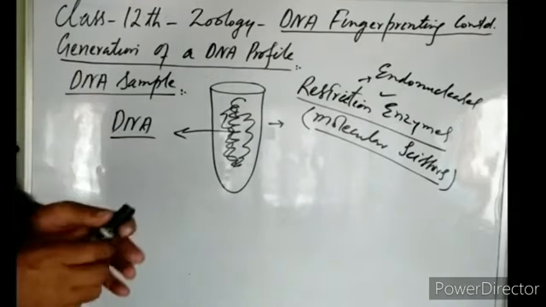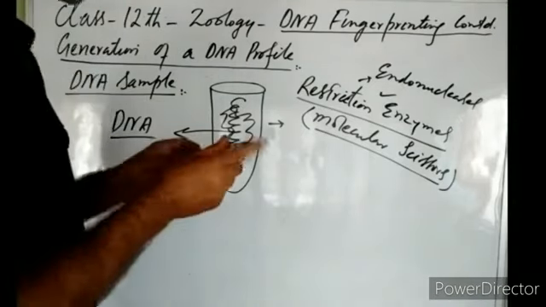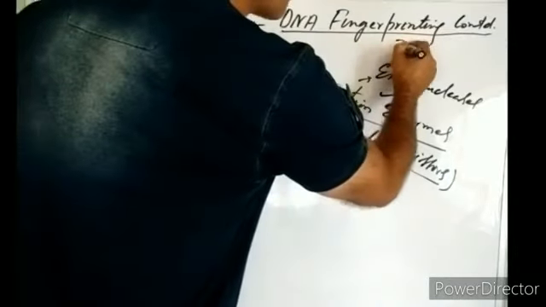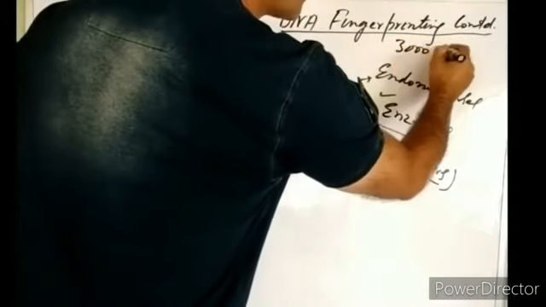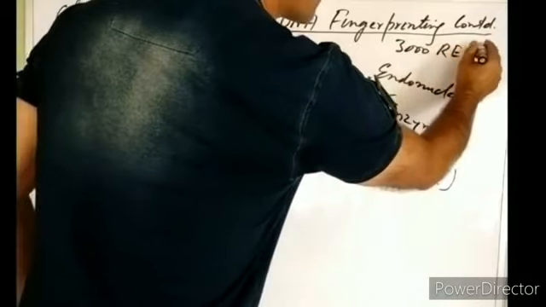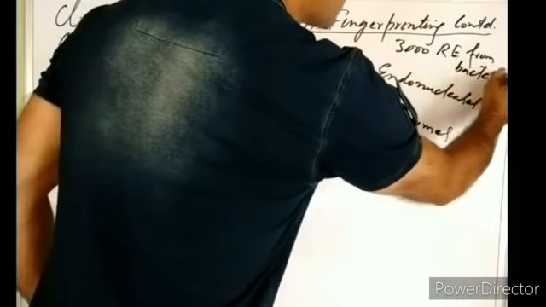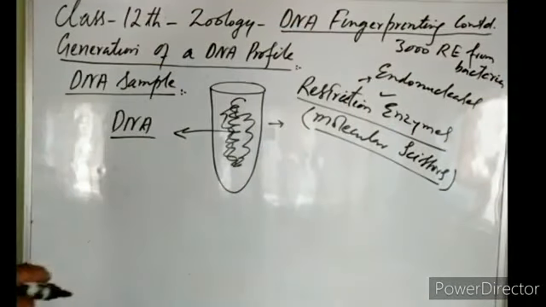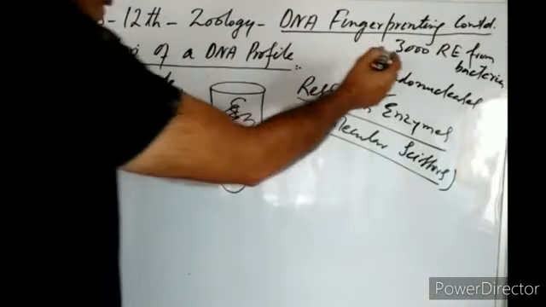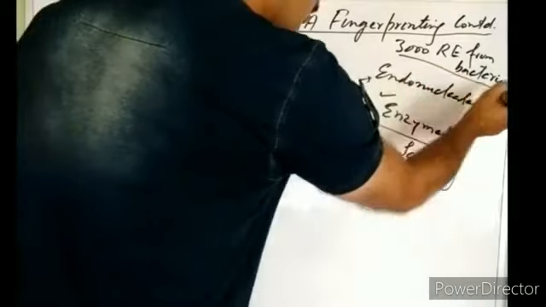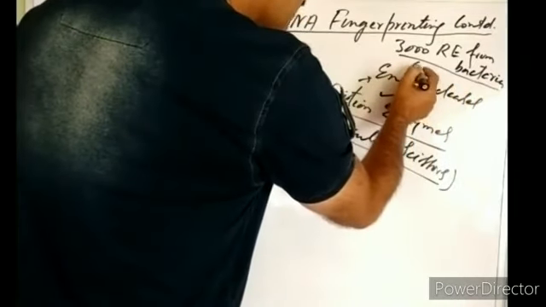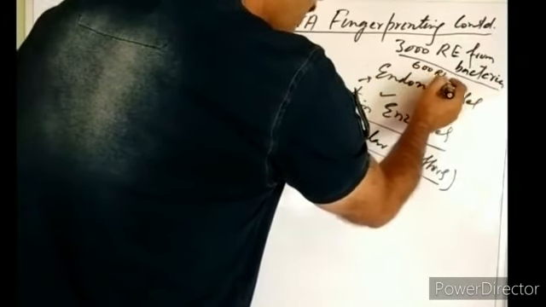Scientists have so far obtained approximately 3,000 such restriction enzymes from bacteria. Out of these 3,000 restriction enzymes, 600 are now commercially available.